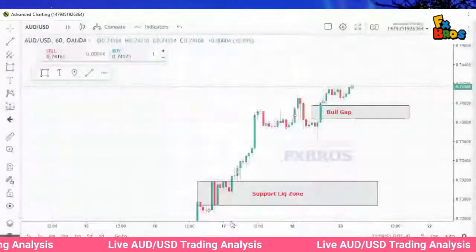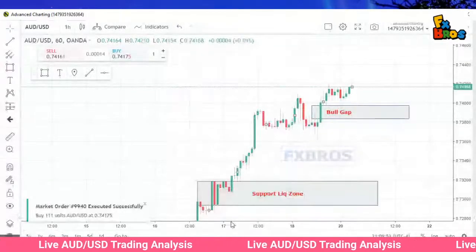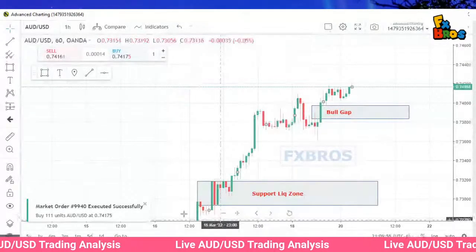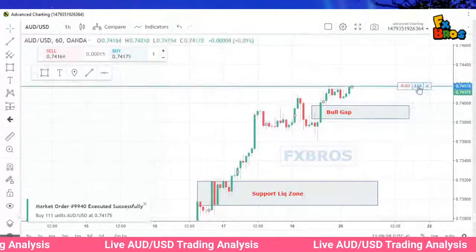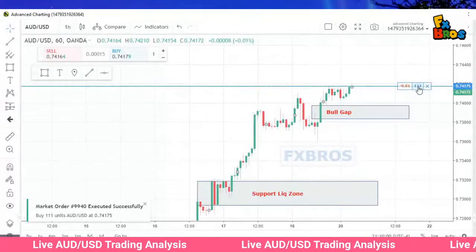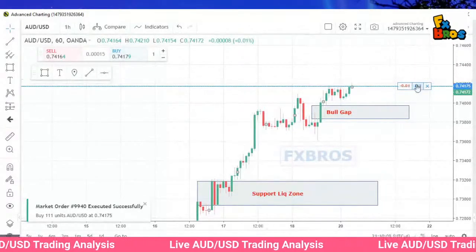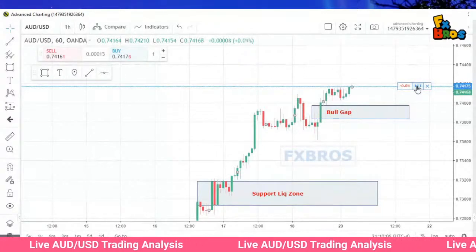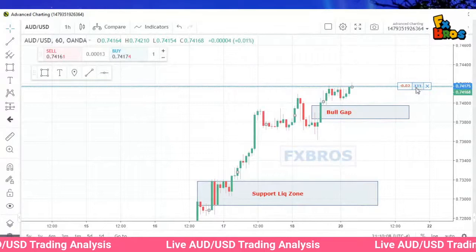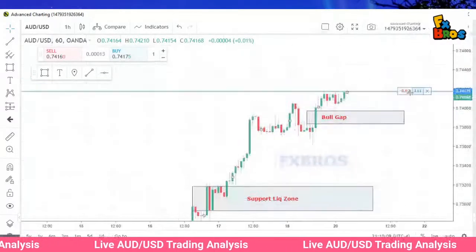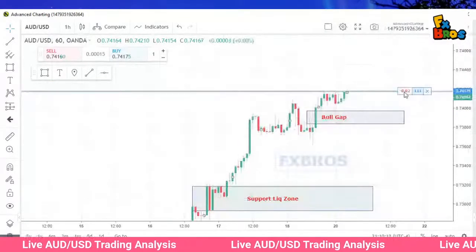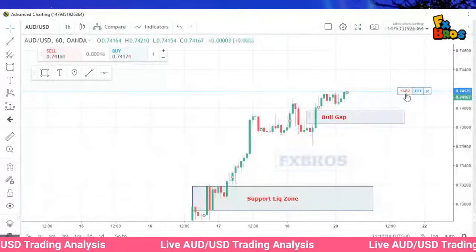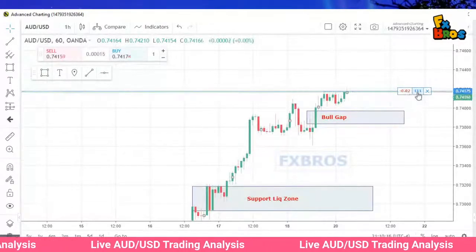Buy, submit, market order executed, and bam, we in a buy. So I would think from here, which would be the arrow, so to speak, if you click on that, the same pop up would happen, but I don't see it.